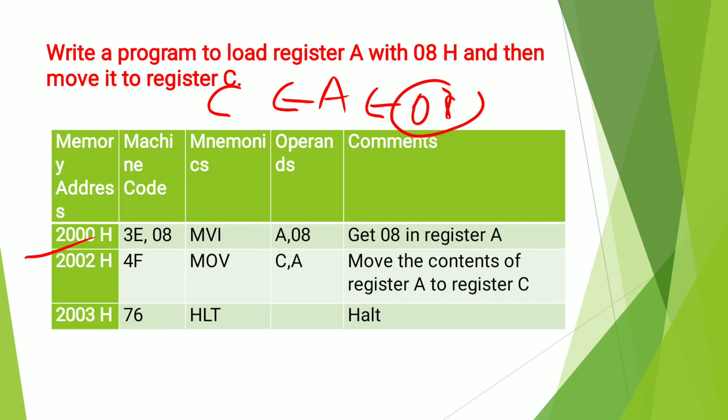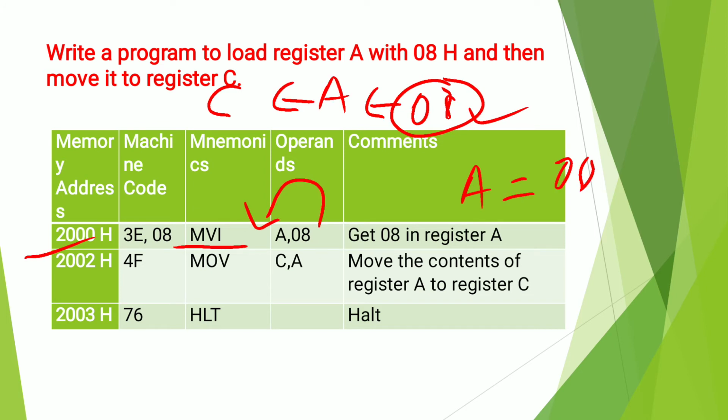Here data 08 is moved to the register A. So data is given. So here I have used the MVI instruction. So MVI A, 08 means 08 is moved into the register A. Now A has the data 08.